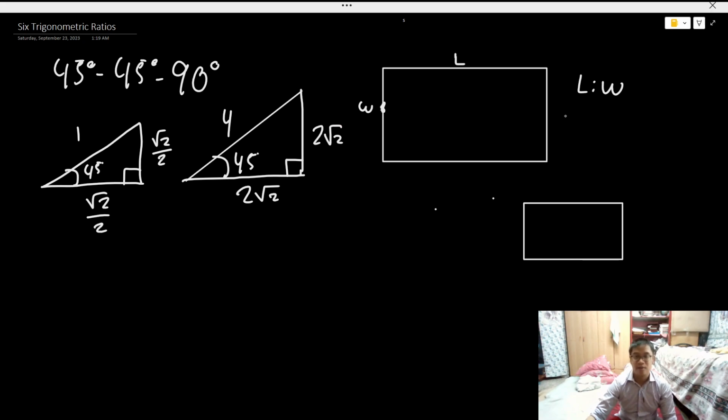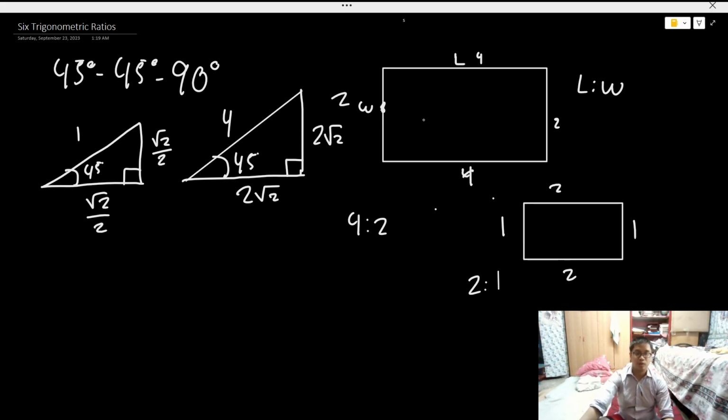Let's say this is 4 and 2, and the other one is 2 and 1. So the length here is 4 and the width is 2. On the other rectangle, the length is 2 and the width is 1.